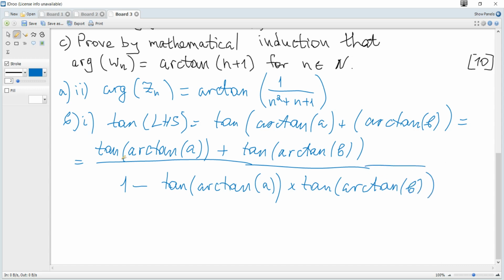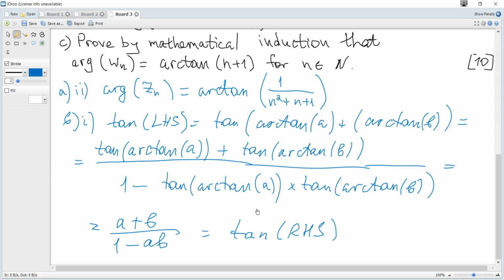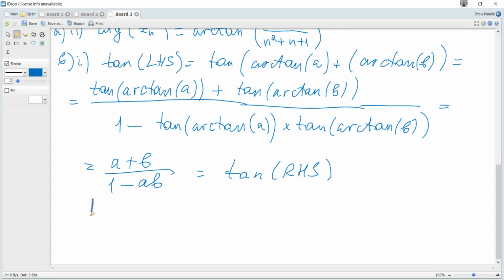Tangent of arctangent is just the value because tangent is the inverse function of arctangent, so it becomes just a plus b divided by 1 minus a multiplied by b, and it's the tangent of the right hand side. Hence the left hand side is equal to the right hand side, and the given statement is true.